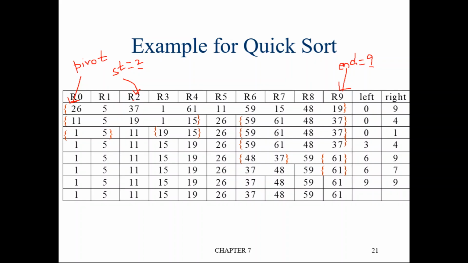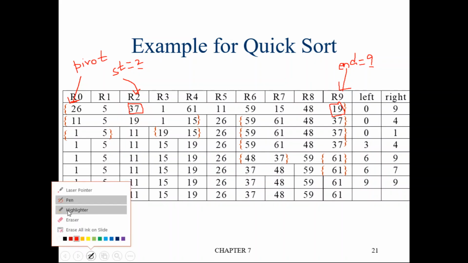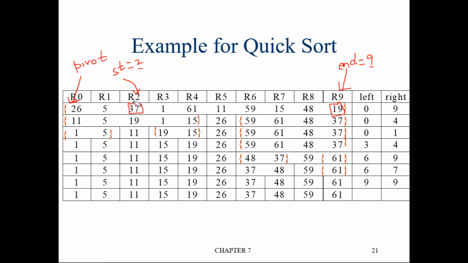So now you should swap the element at start location with the element at end location. These two elements will be swapped. Once this swapping is done, here we'll have 19 and here we'll have 37.